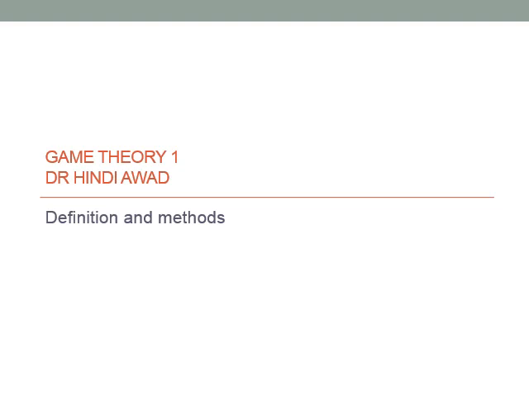As Myerson put it, it is a mathematical language to express models of conflict and cooperation between intelligent rational decision makers. It studies the interaction between decision makers whose decisions interact with each other, which is why Neumann calls it interactive decision theory.